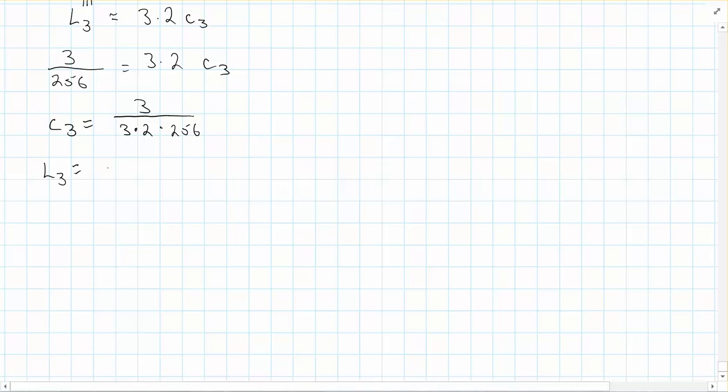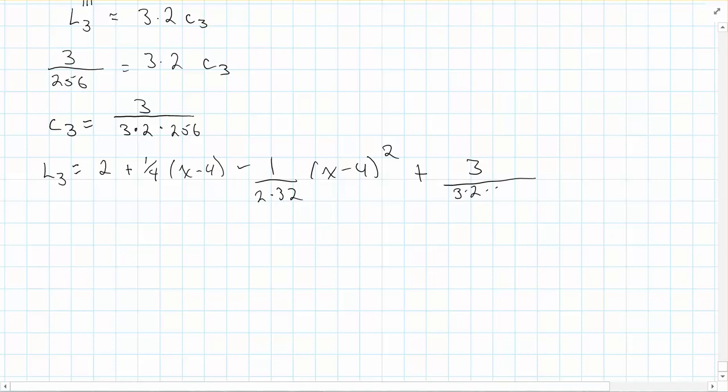So L3 here, we have that this is 2 plus 1/4 x minus 4 minus 1 over 2 times 32 x minus 4 squared, and then it's going to be plus 3 over 3 times 2 times 256, times x minus 4 cubed.